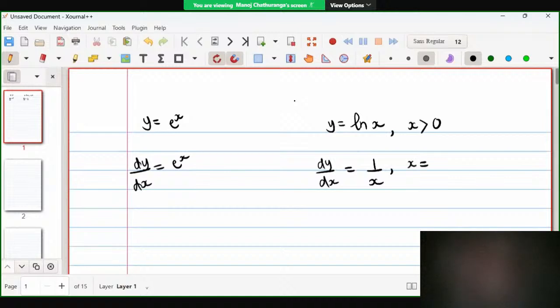Therefore, x not equal 0 applies automatically because 0 is not in the domain. So this gives us the derivative of natural log of x at any point.